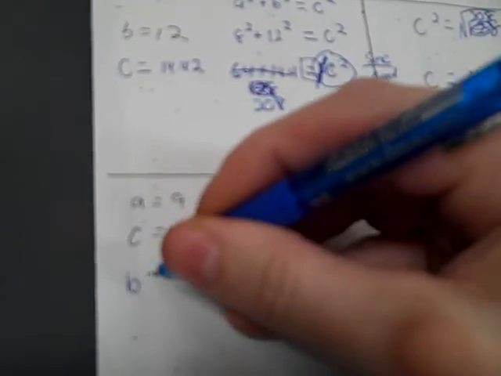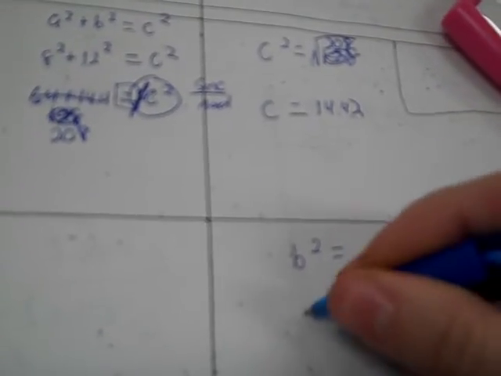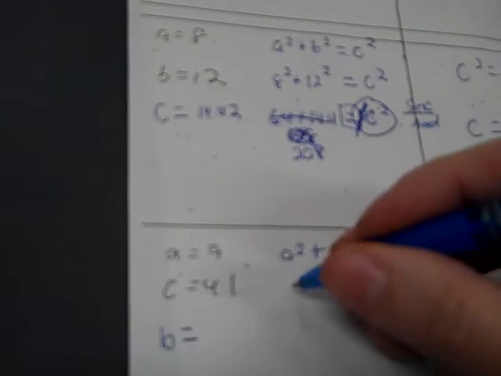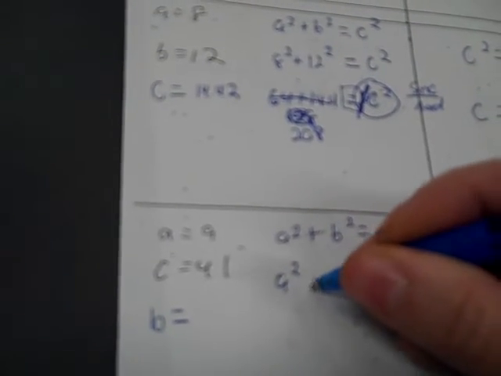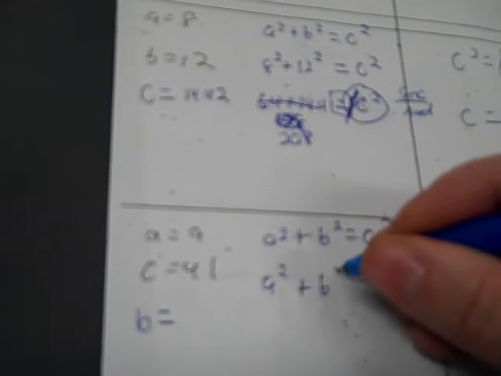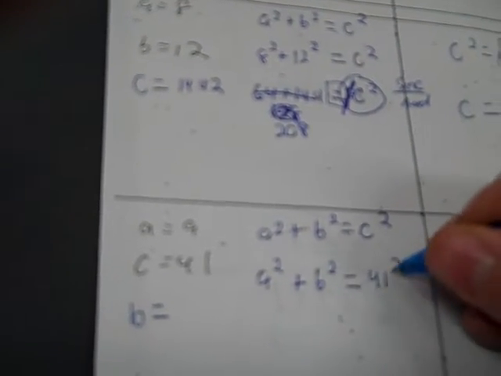Okay, A is 9, C is 41. I do not know B. Okay, so I'm going to go B to the second and B. So A I know is 9 to the second though. B I don't know, so I keep that B variable. C is 41 to the second.